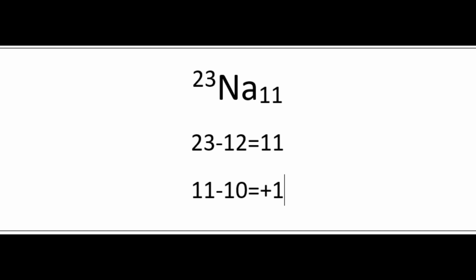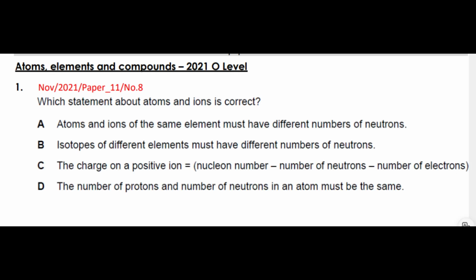So 23 minus 12 is 11, and that is the proton number. When a sodium ion has lost one electron, it is left with 10 electrons. So 11 minus 10 makes +1, which is the charge on sodium, and it forms a positive ion. Getting back to the question, we know that that is the correct option.